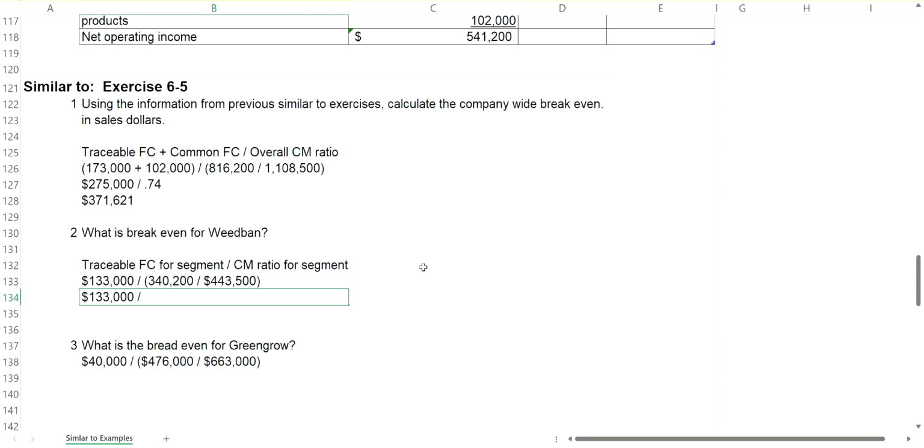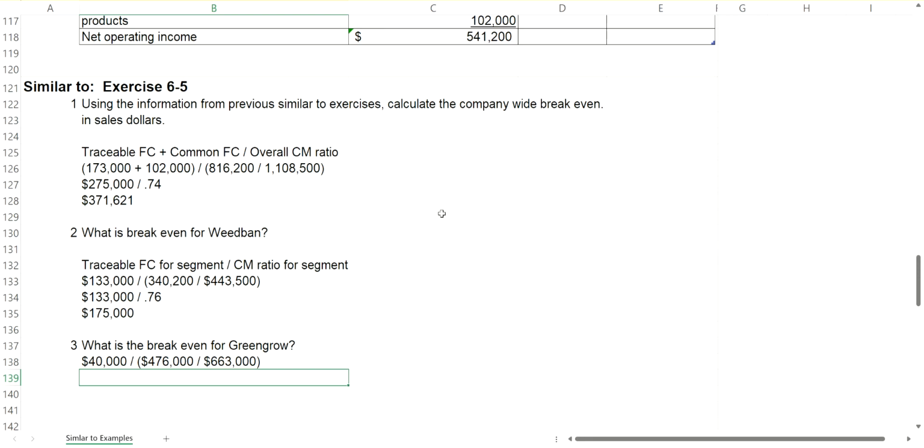To get the contribution margin ratio, when I divide that out, I get 0.76, 76%, but use 0.76 to divide. And that gives me break even for WeBan of $175,000.